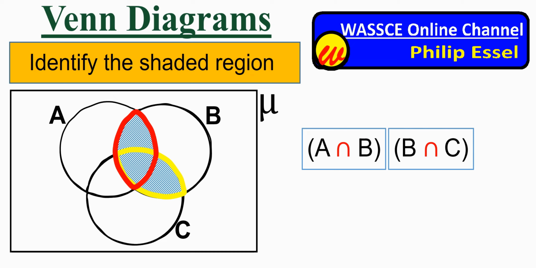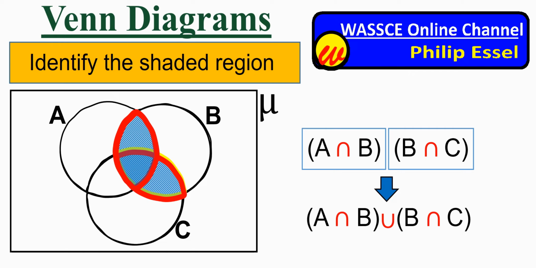Its notation is B intersection C. As we can see, the two regions merge together to form a single unit. So they form a union. So the shaded region is (A intersection B) union (B intersection C).